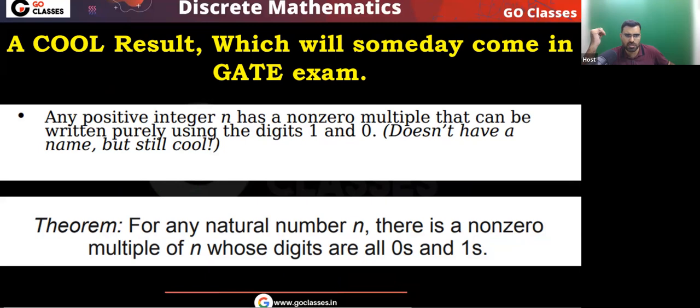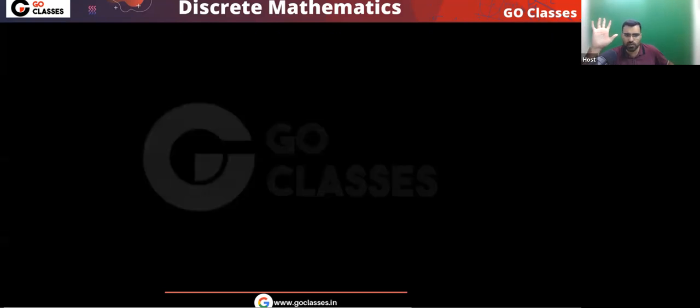Now consider this question. This question is saying that whatever natural number n you take, there is some non-zero multiple of n which contains only 0s and 1s. First, you understand what the question is saying.